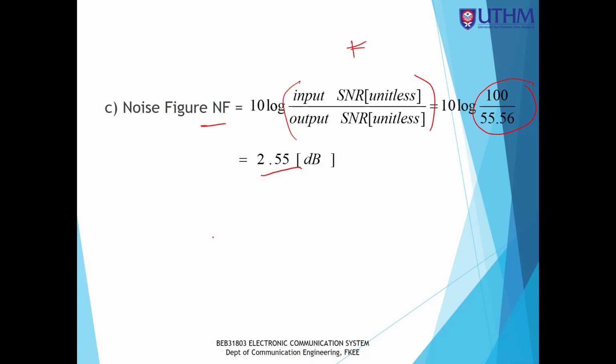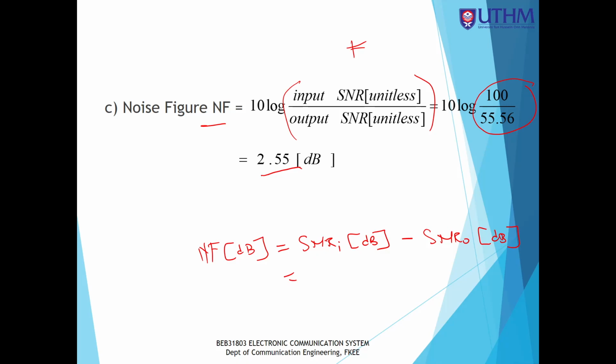NF in terms of dB is equal to SNR I in terms of dB minus SNR O in terms of dB.